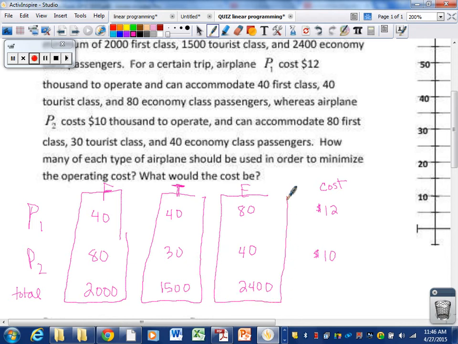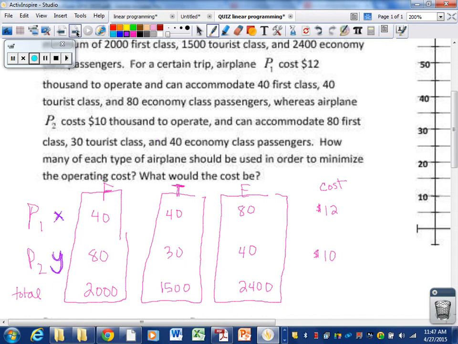Okay, when you organize your information this way, you always get vertical column equations. Always. It's so nice and so pretty that it always works out like that. Let's make plane 1 X, and we'll make plane 2 Y, so that we can create some linear equations. Okay, because that's what we want to do. You want to make equations so that we can graph them and see where they all cross.